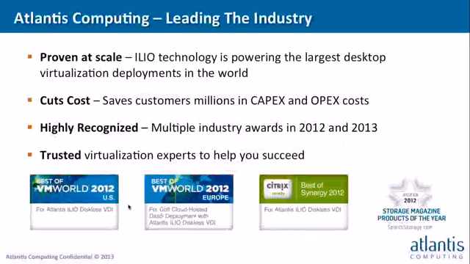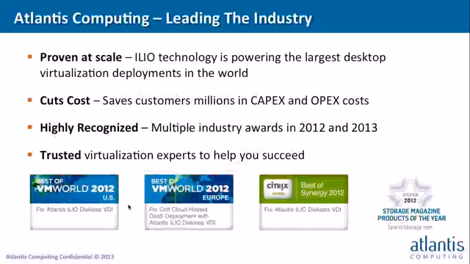And here's just a few final points to take away and think about. Ilio has been proven at scale. I think the largest deployment that we have at the moment is just under 100,000 seats in production. We've saved customers millions in CAPEX and OPEX costs, so a 75% CAPEX saving is really achievable.